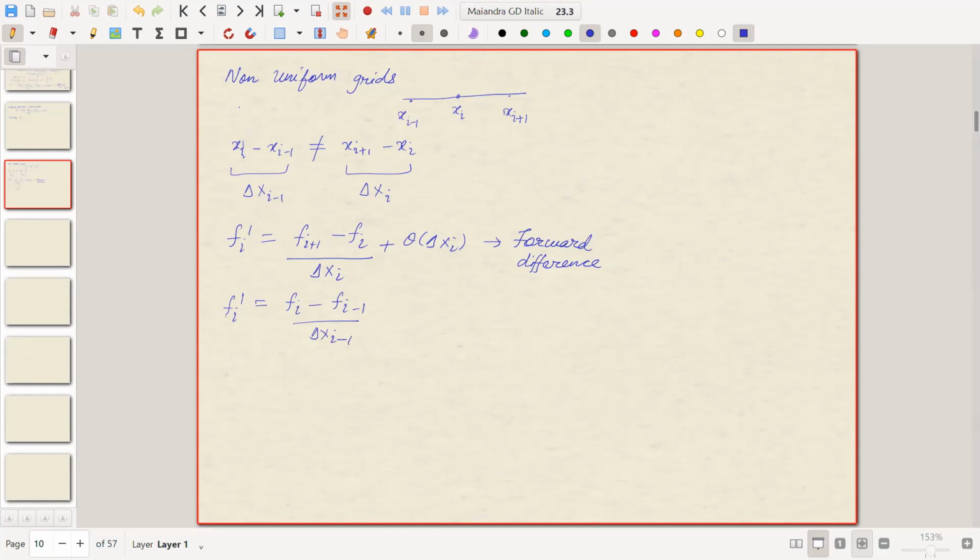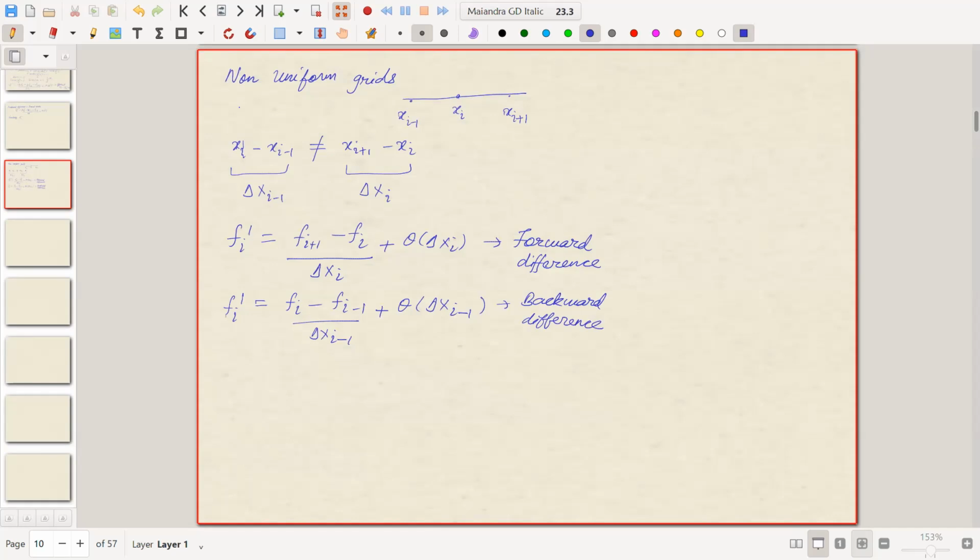So you need to have delta x i minus 1, that's how it is different. You're taking the backward point i minus 1, then it will be order of delta x i minus 1. So it is the backward scheme. This is how things are getting different now when your grid is non-uniform.